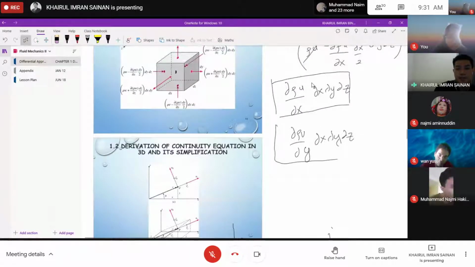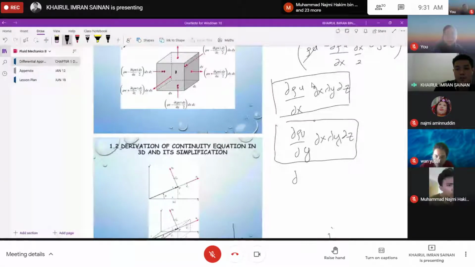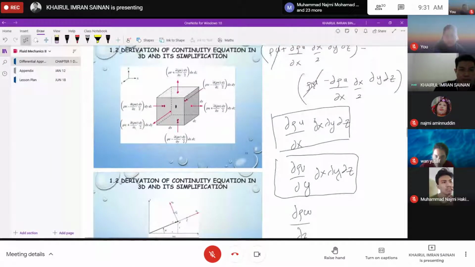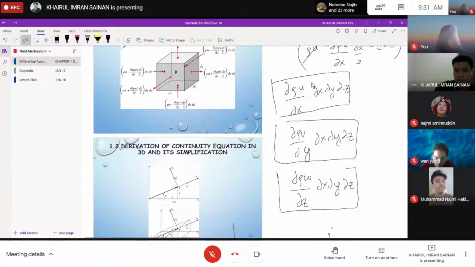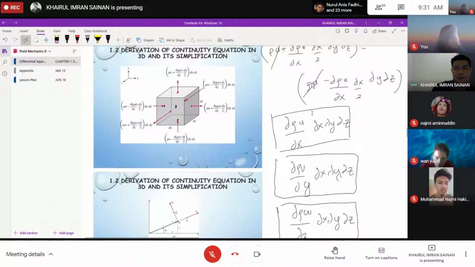And similarly, it happens with the w component, del rho w over del z, del x, del y, and del z. So in the end, for the continuity equation, since we take outflow minus inflow, both are the same, so all of it becomes 0.